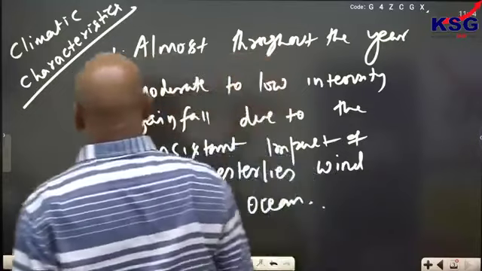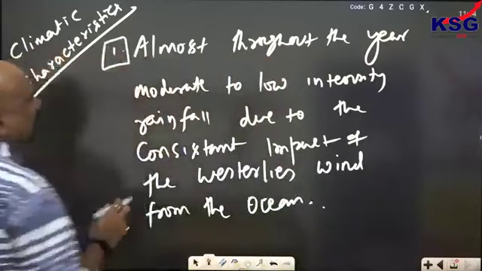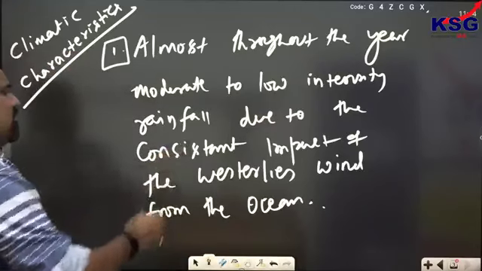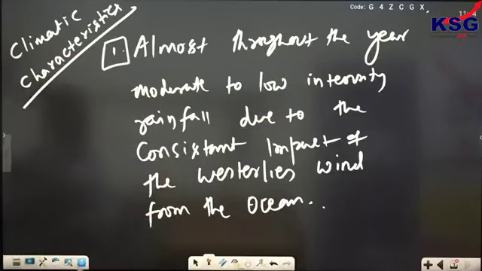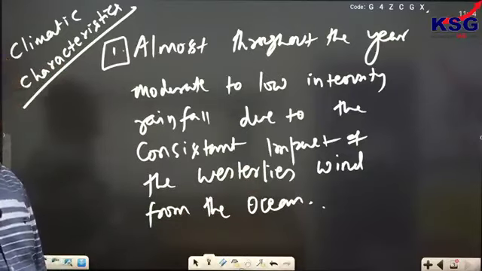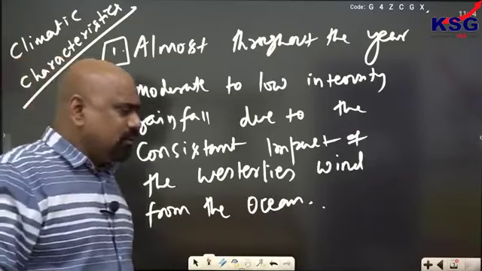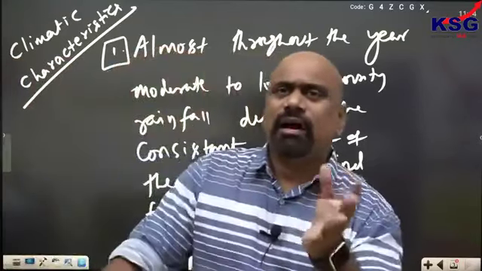The westerly wind is there from the ocean almost throughout the year, giving moderate to low intensity rainfall. Though you have autumn season with a bit of high rainfall.